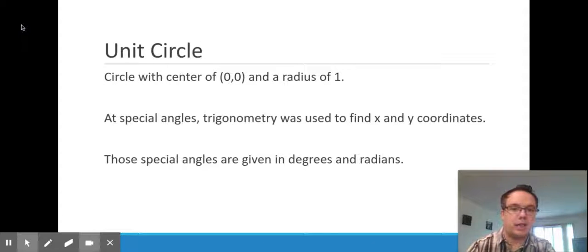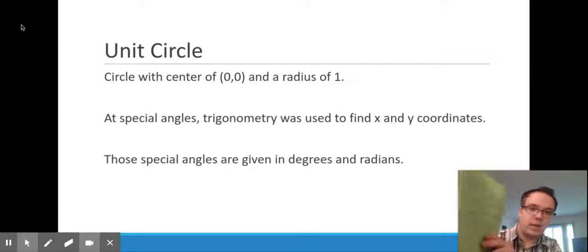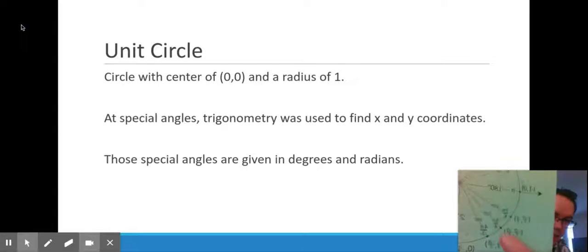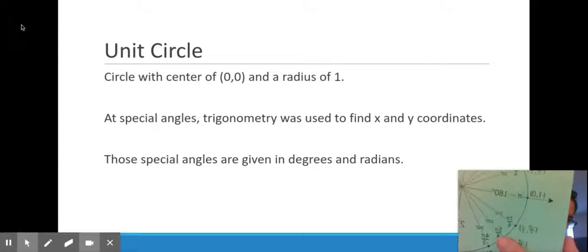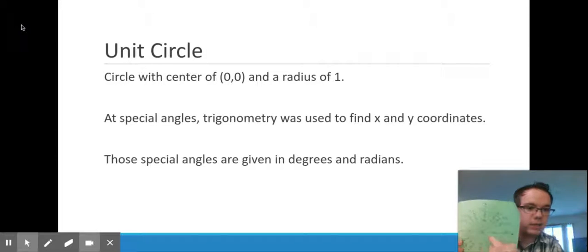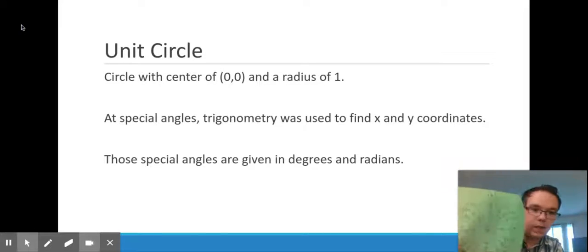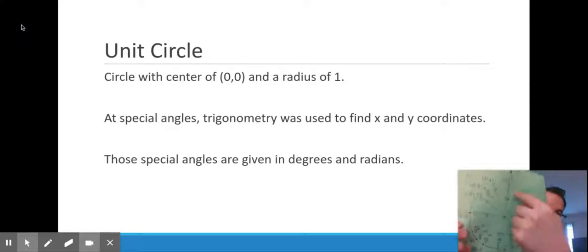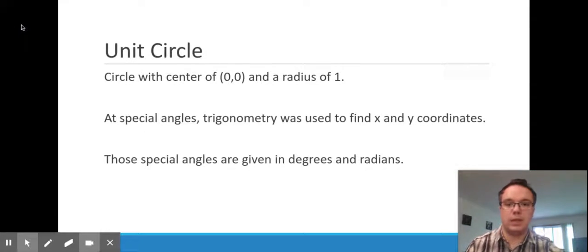At special angles, we can use trig to find exact x and y coordinates. You'll find those on the unit circle, and again, make sure whichever one you have has both degrees and radians. A circle is 360 degrees, and it turned all of the special angles into radians for you.